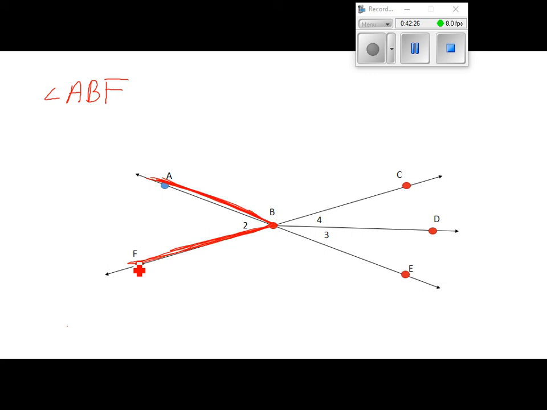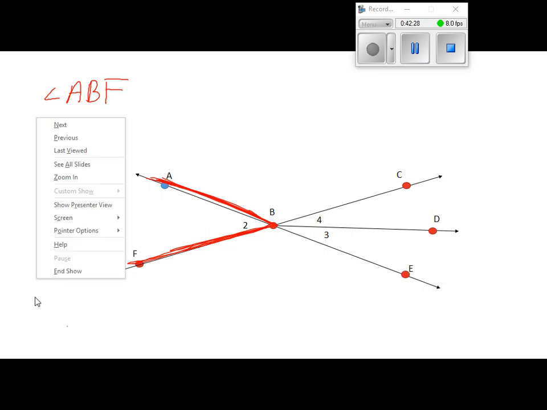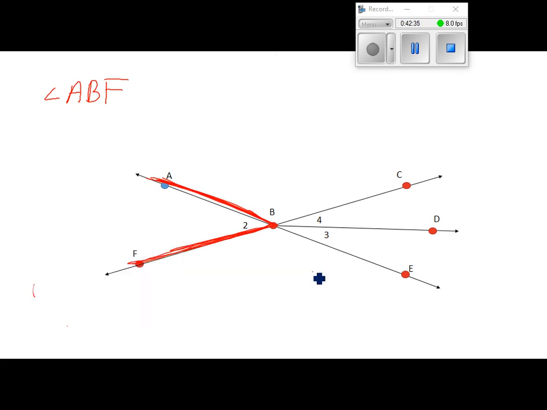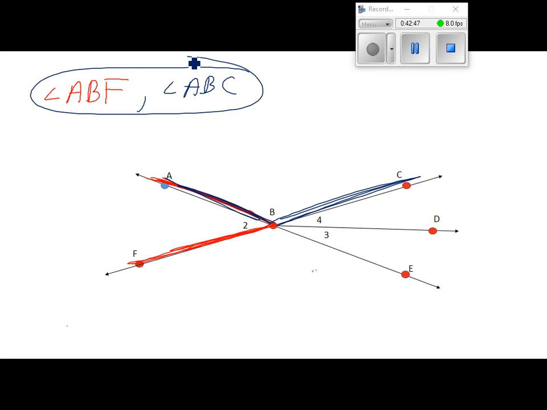We want another angle that along with that angle makes a straight angle or is a linear pair with it. ABC. Does everybody agree with that? ABC.